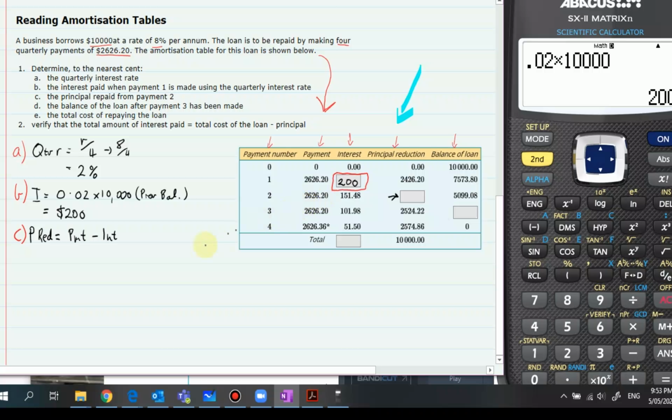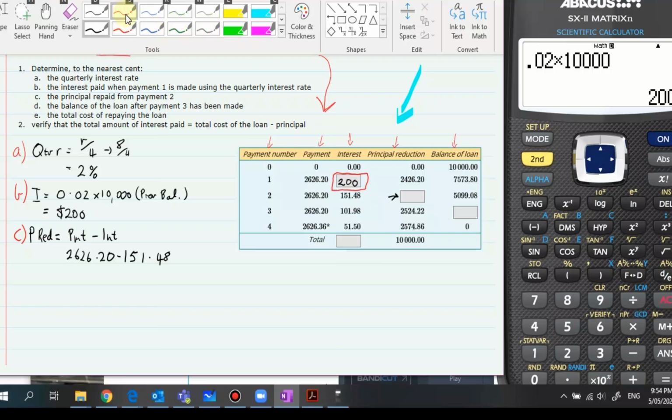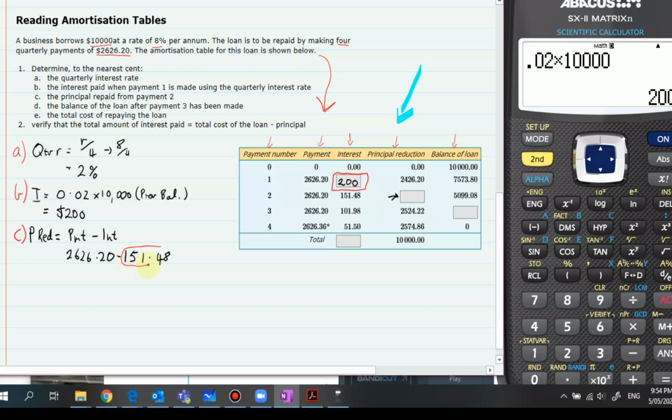You can see that here we've got the payment 2626.20, and we're going to subtract the interest, 151.48. Remember, this is a loan, so the bank's charged us $151.48 on our loan. Our payments are $2,626.20. The principal is the balance of the loan, so the amount that it's reduced by is our payment, take away how much the bank is charging us for that period. Head over to our calculator.